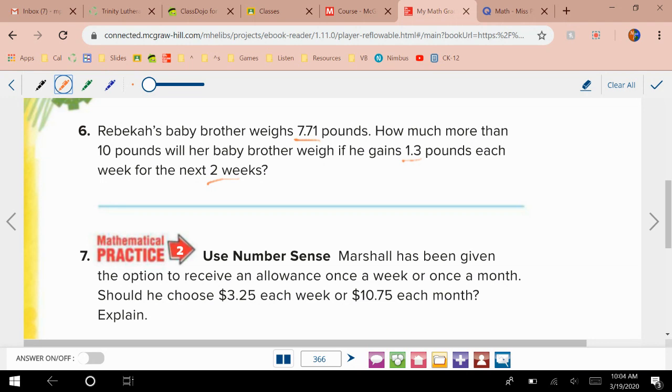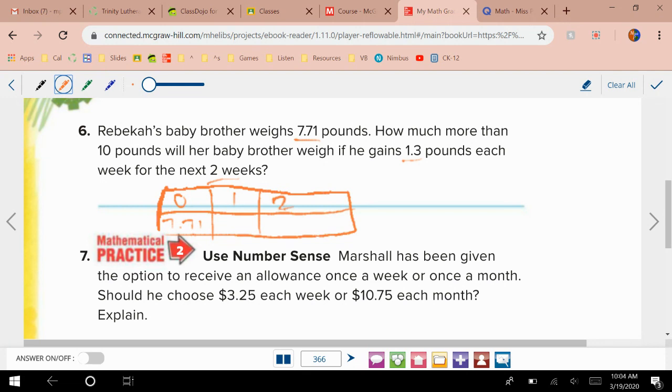All right, so right now, we'll say it's week 0, and he weighs 7.71. So if for the next 2 weeks he gains this much, we will know how much he will be.